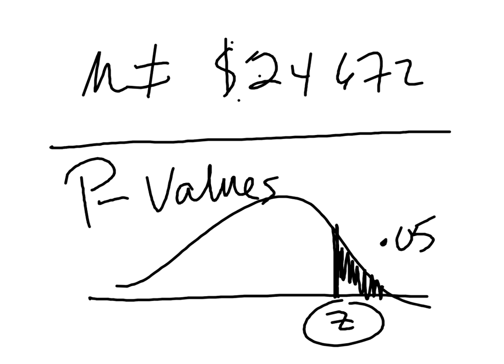If we get a z-value that's greater than the z-value at the critical value, instead of just immediately saying reject, we're going to give the actual area. In other words, we'll get our calculated z-value, and if it's larger than our critical value, we will give the area in that right tail.